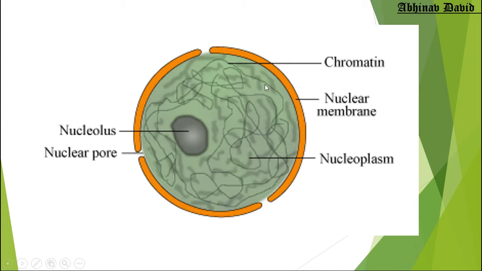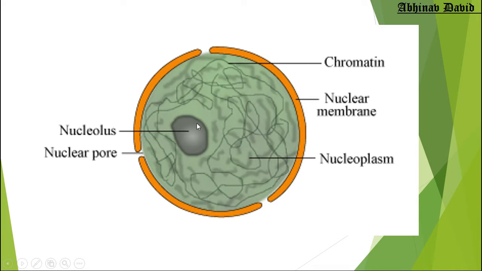The outermost part, which you can see with the yellow color, is the nuclear membrane. Inside this, a gray colored, jelly like structure is there, called nucleoplasm, and then you can see some thread like structures inside this. They are called chromatin, that is the third part.